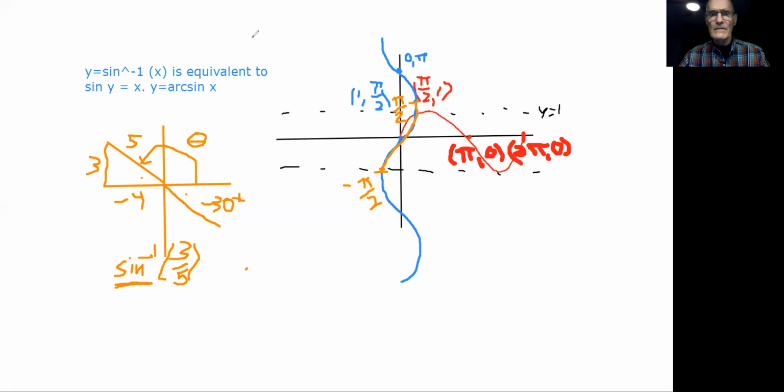So we can do y equals the arc cosine of x. The range here is from 0 to 180, or pi.